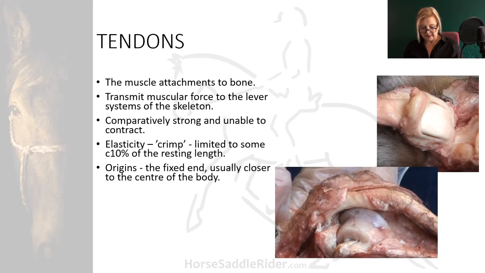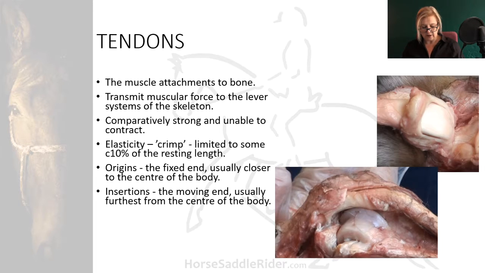Origins are typically the fixed end, usually closer to the centre of the body, and insertions are typically the moving end, usually furthest from the centre of the body. The blood supply to them is very limited, which compounds healing when injured. This image shows the deep flexor tendon sited against the fetlock joint here, and this is with the tendon sheath open.